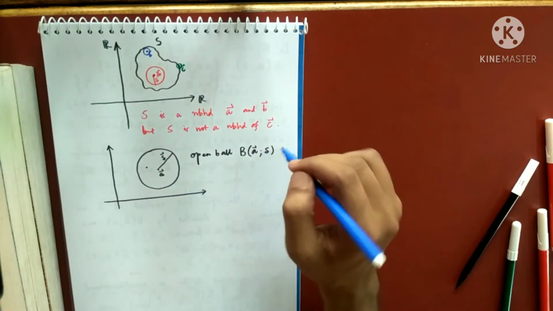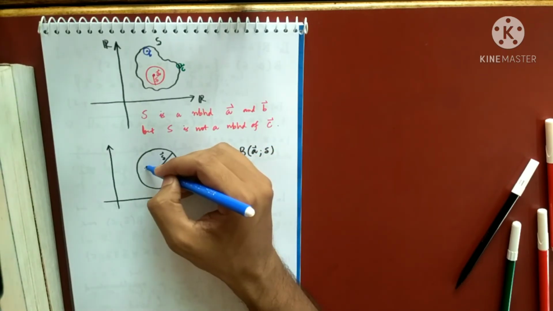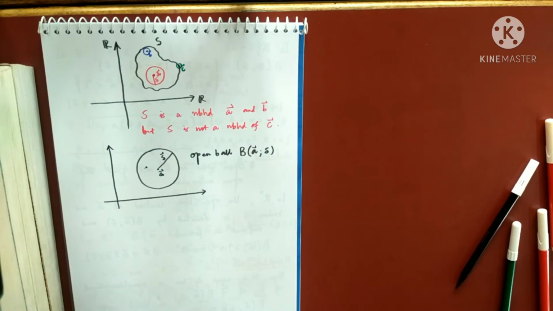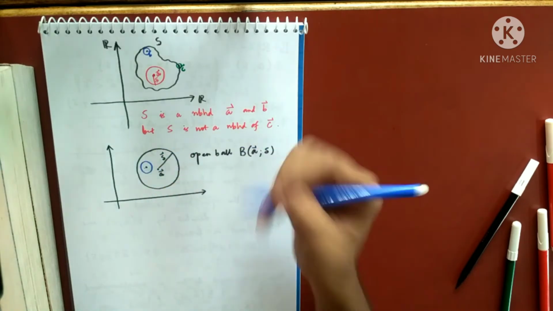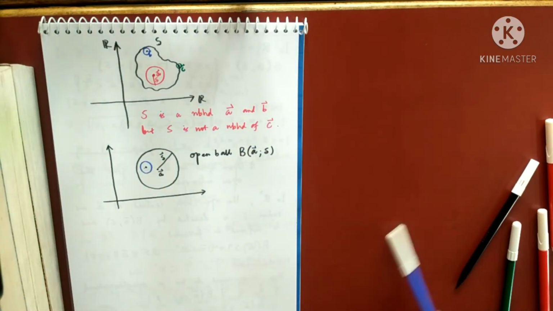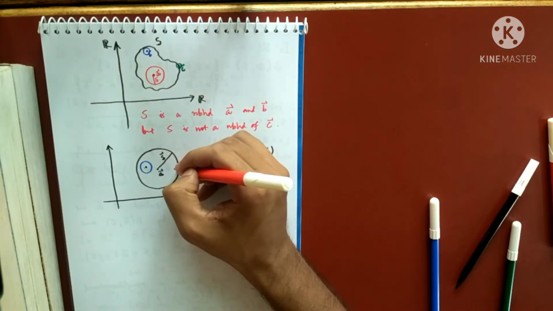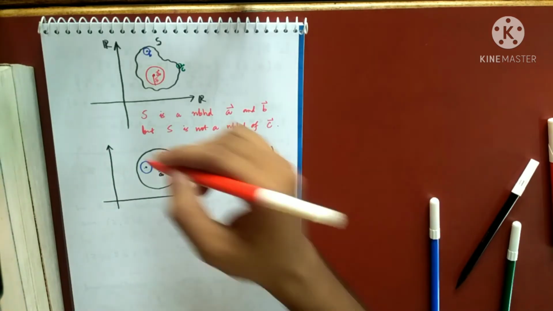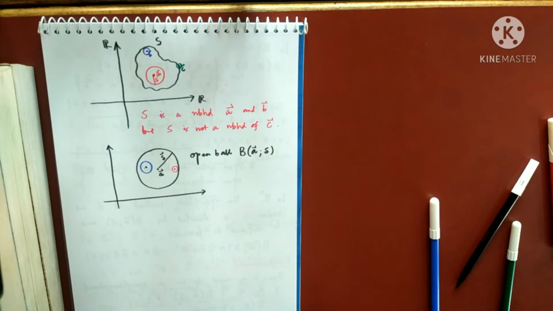Tell me, is this open ball a neighborhood of this blue point? Yes, because you can draw a delta, you can draw an open ball like this. Is this a neighborhood of this point? Again, the answer is yes. I'm going to draw like this. And you will notice that whatever point you take, you cannot take one on the boundary, because I'm talking about an open ball, which has no boundary.